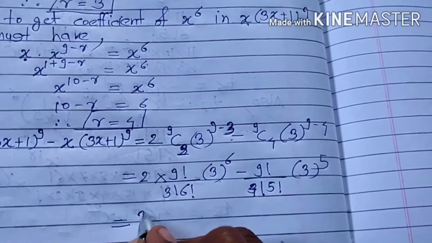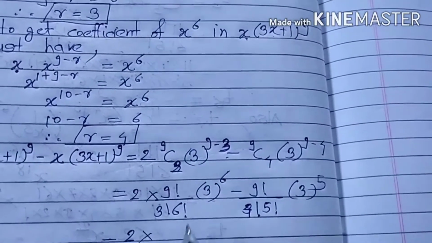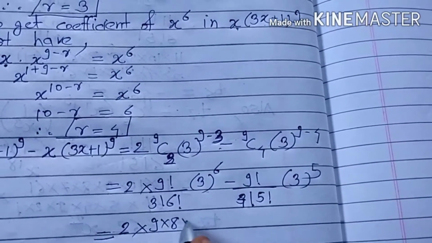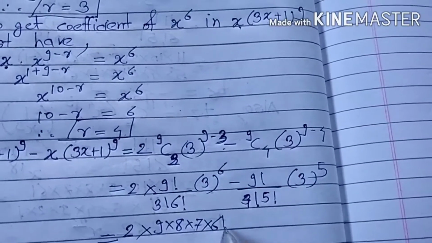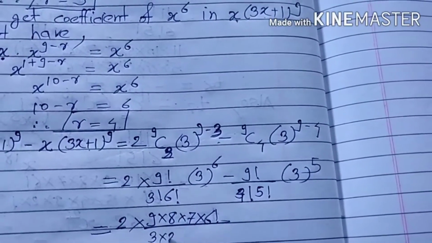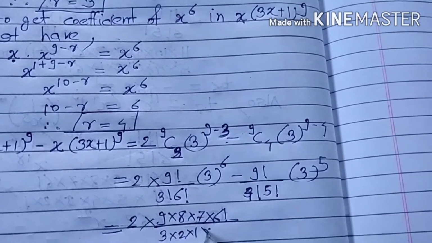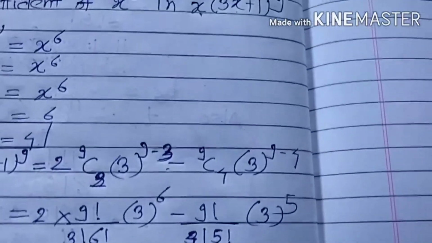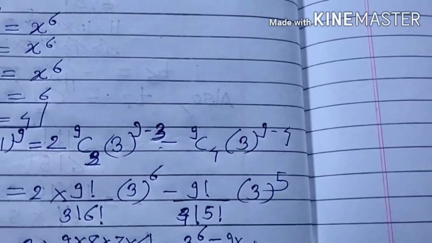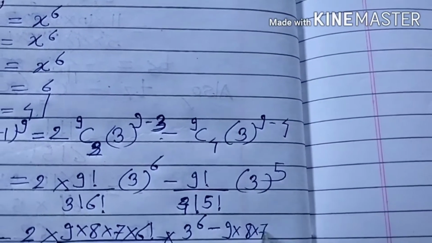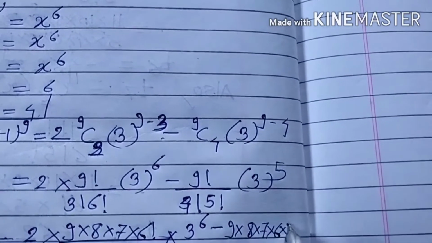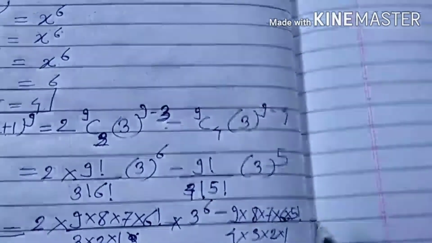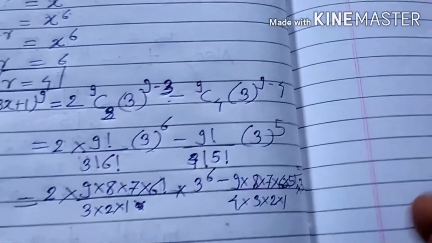So by making the calculation, 2 into 9 factorial upon 3 factorial and 6 factorial: 9 into 8 into 7 into 6 factorial, and here 3 into 2 into 1, into 3 raised to 6, minus 9, 8, 7, 6 and 5 upon 4, 3, 2, 1, and this is also 3 raised to 5.